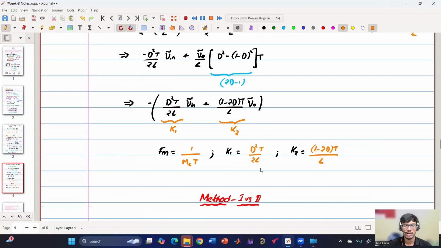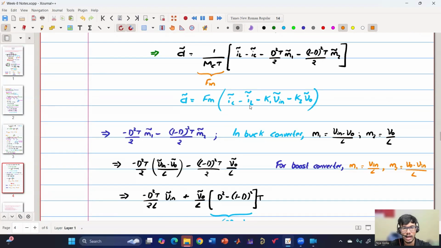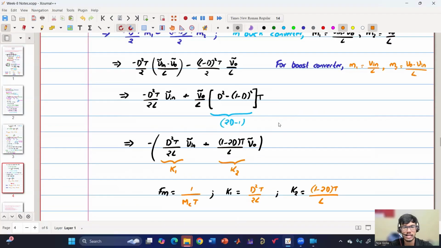Here you will get different K1 and K2, but almost the same length. Until this point, it is the same. Only if you want to write in terms of V in and V naught, it will vary slightly. So I think that will be easy. You should be able to derive it. Just substitute this and simplify it. Okay, sir.